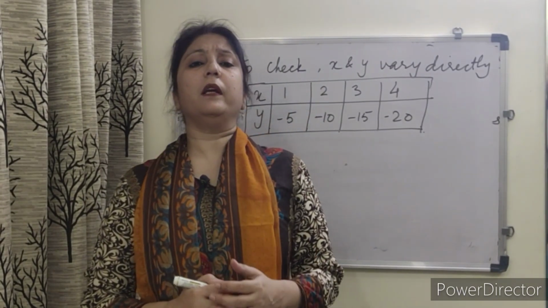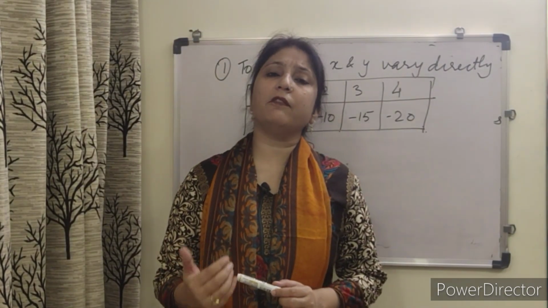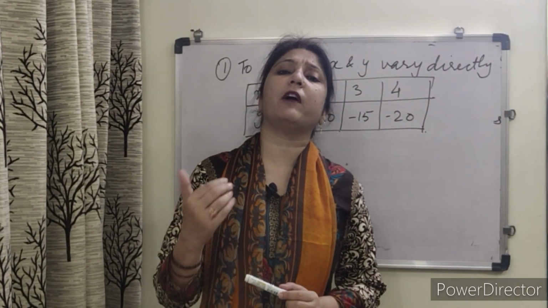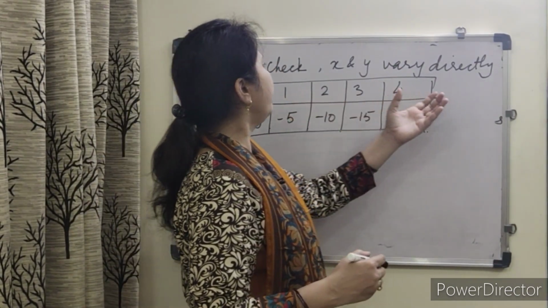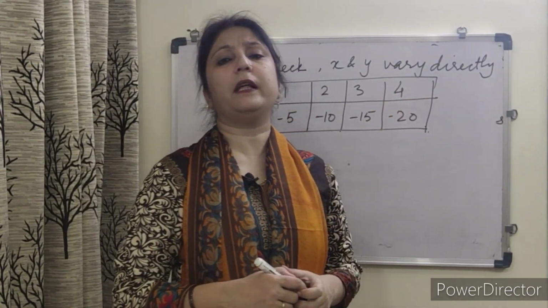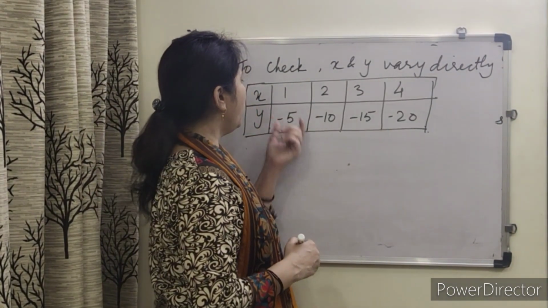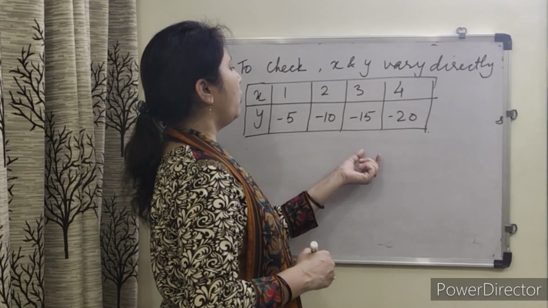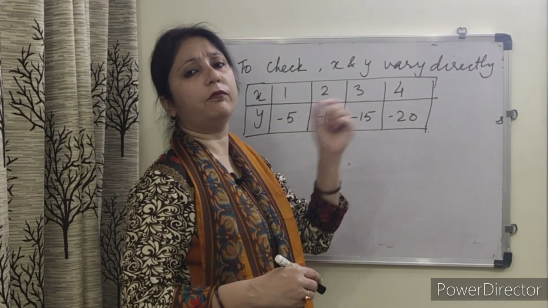Here I have taken a question to explain that if x and y vary directly, then x upon y must be a constant. The question is that you have to check whether x and y vary directly or not. Children, every time you have to calculate the ratio of x and its corresponding value of y.